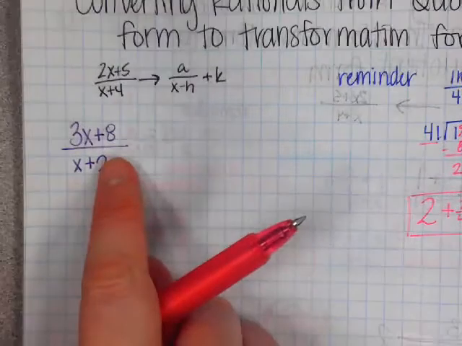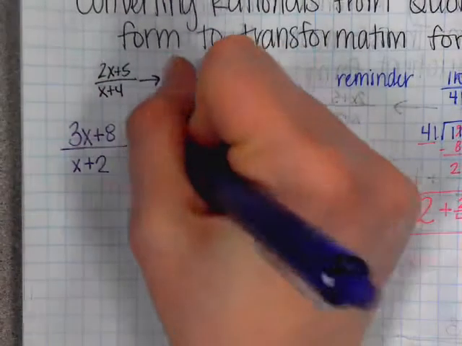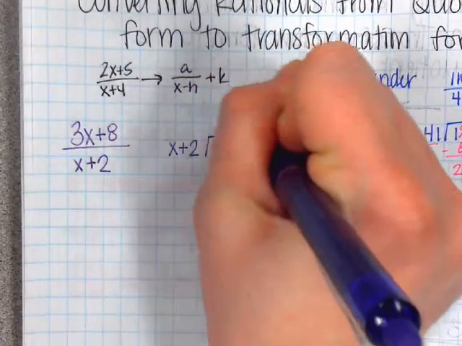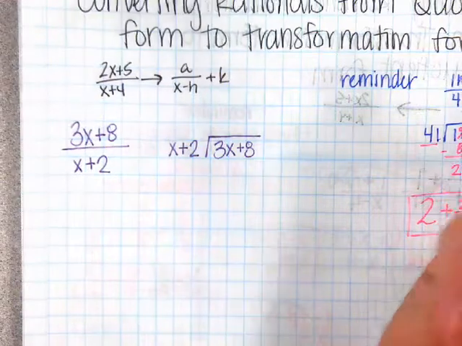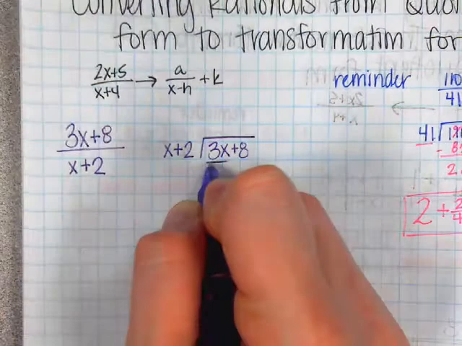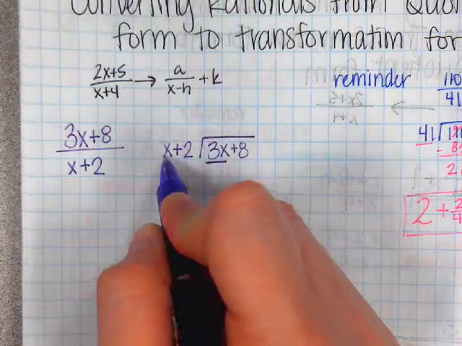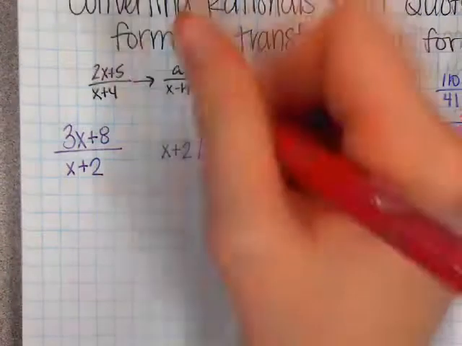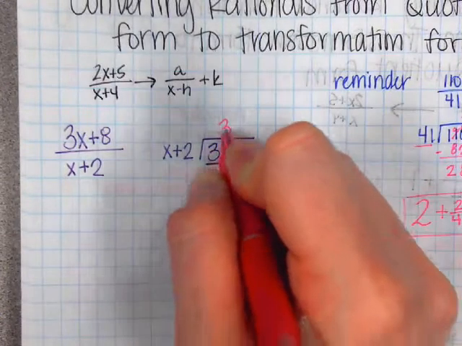So now let's do this one. It's been a while since we've divided using variables like this. So we have x plus 2 into 3x plus 8. The only one we care about is this first one. What times x gives you 3x? Well, 3 times x gives you 3x.